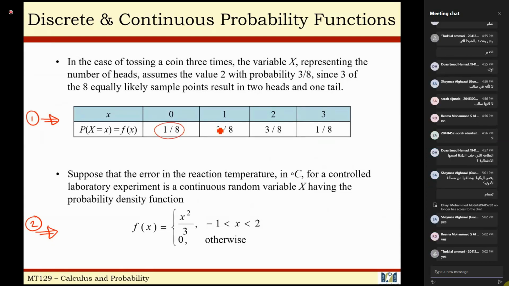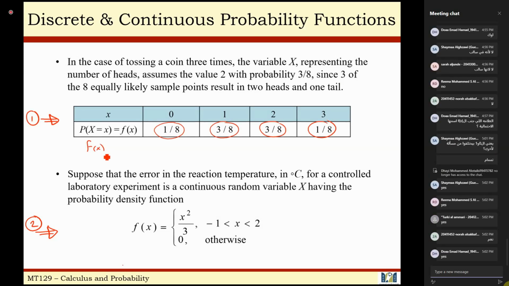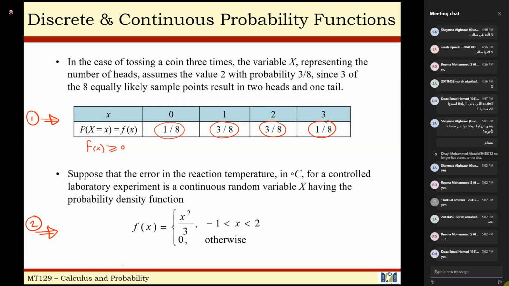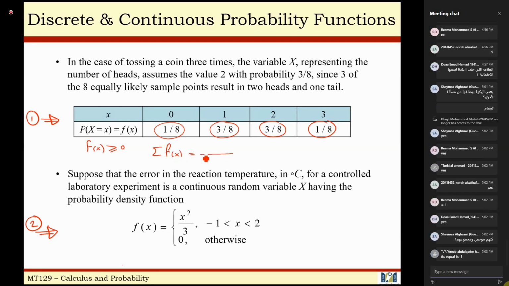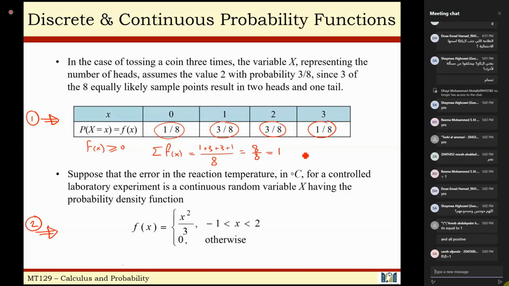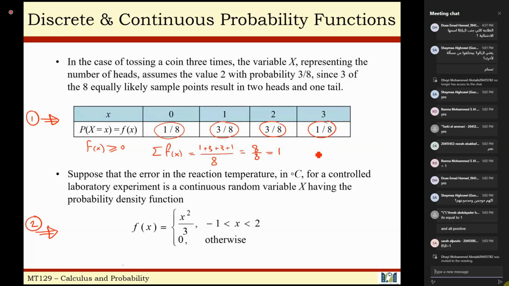Because this is positive, positive, positive, positive, so f of x greater than or equal 0. هذا الشرط الأول. The summation of f of x لو جينا جمعناهم شو بطلع عندي؟ 1 plus 3 plus 3 plus 1. So we have 8 over 8. This is equal 1. So هذا شو بنسميه؟ probability mass function. ممتاز.